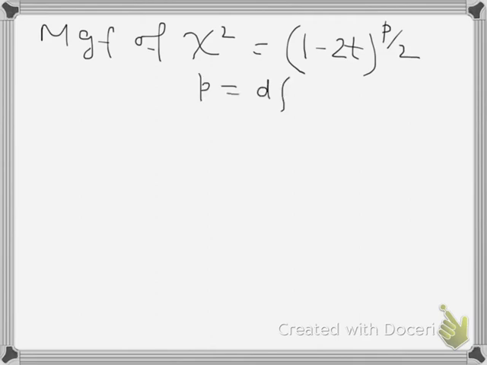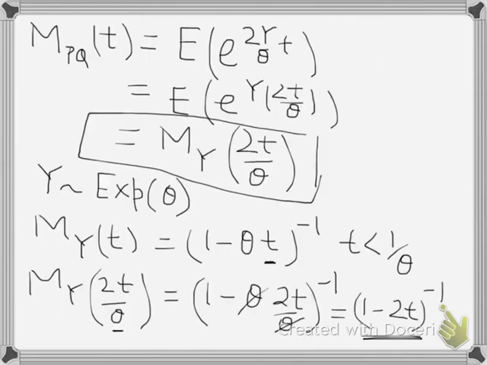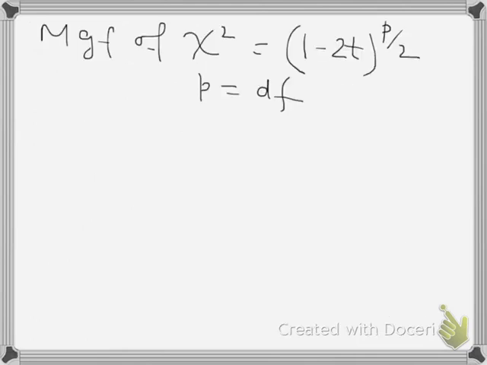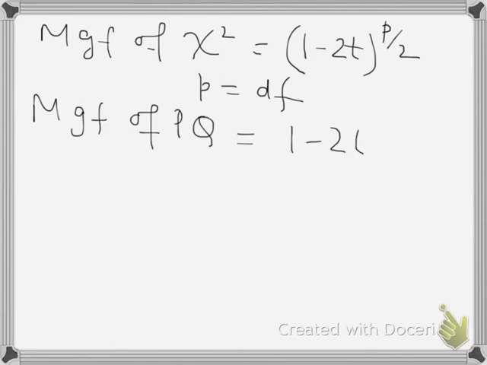the MGF of chi-square is (1 minus 2t) to the power minus p over 2, where p is the degrees of freedom. And if you look back, the MGF that we have of the pivotal quantity is (1 minus 2t) to the power minus 1, which means p is equal to 2, right?